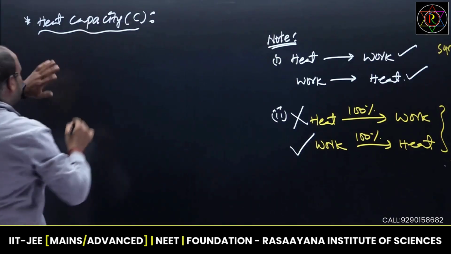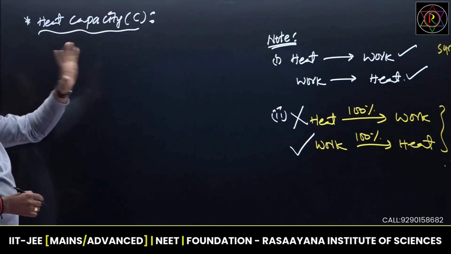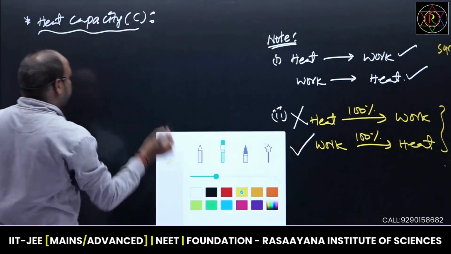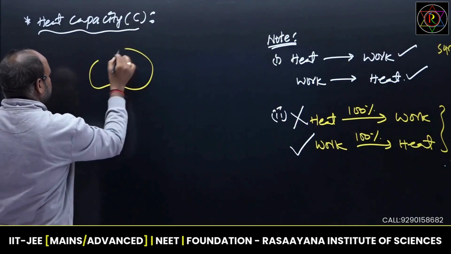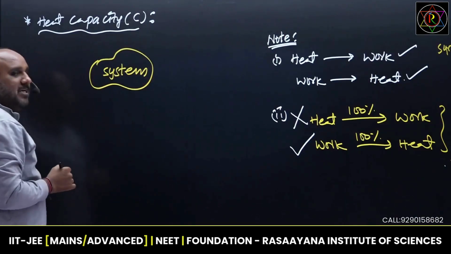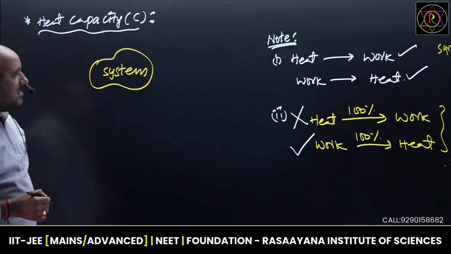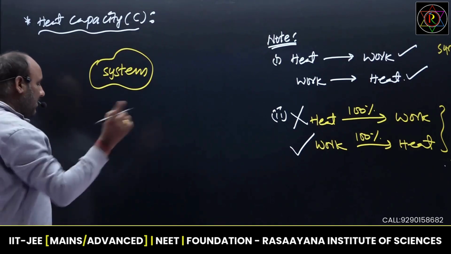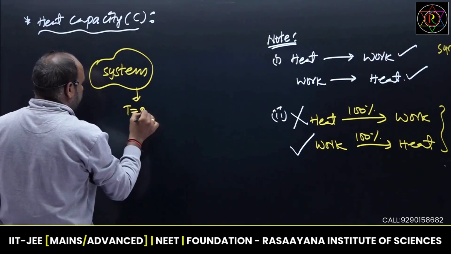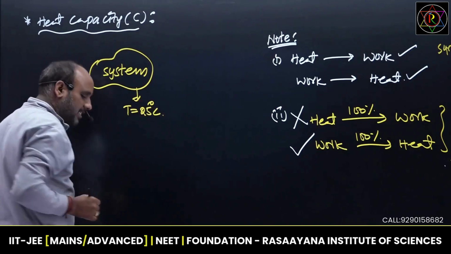So simply see, heat capacity is the amount of heat required. For what? We have to consider the system first, right? The system is said to be in a thermodynamic state, meaning it has some parameters. One of the parameters we consider is temperature.